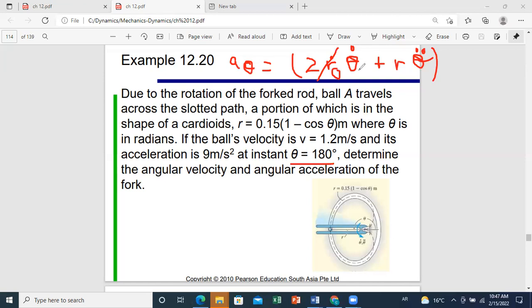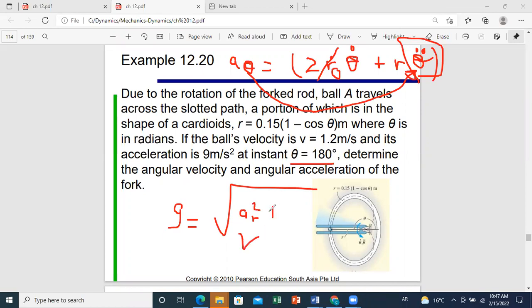So we were able to express a theta as a function of r theta dot dot, and the only unknown in our equation will be theta dot dot. So now I replace back into the equation for 9, equal to radical. I replace AR by its value. I already calculated AR. I replace it, plus a theta square, which is r square theta dot square.